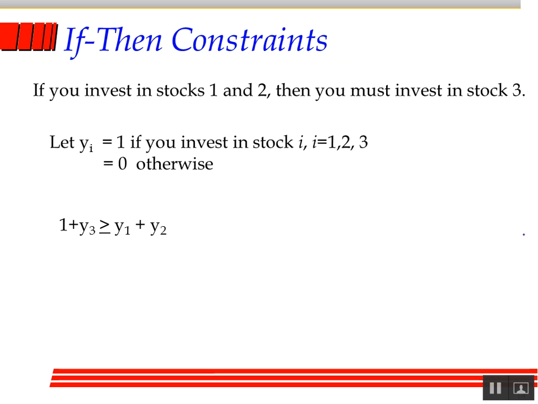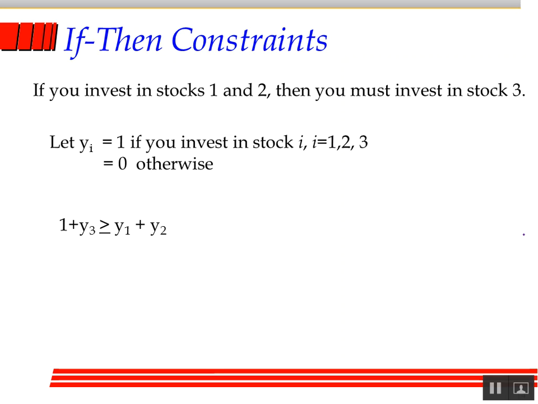Then you can do this. So why is that? Again, remember yi can only be 0 or 1. By using this constraint, you are saying if this is 1 and this is 1, then y3 has to be 1 as well.